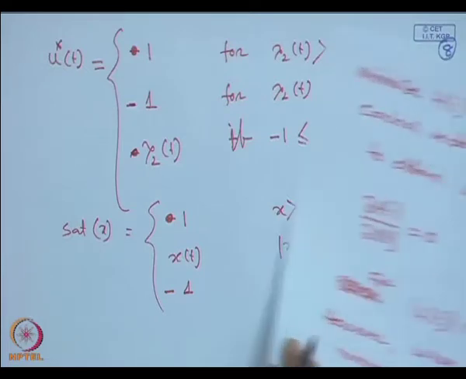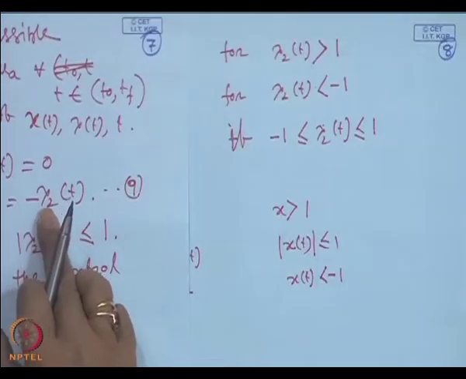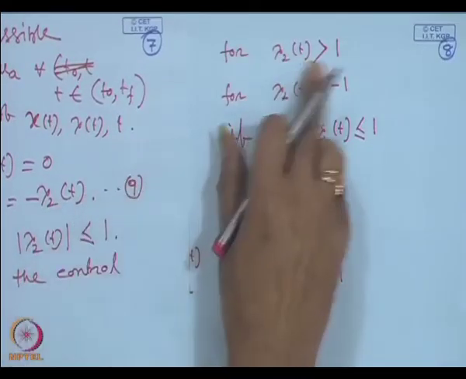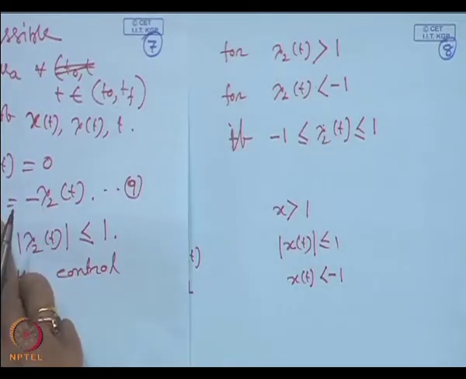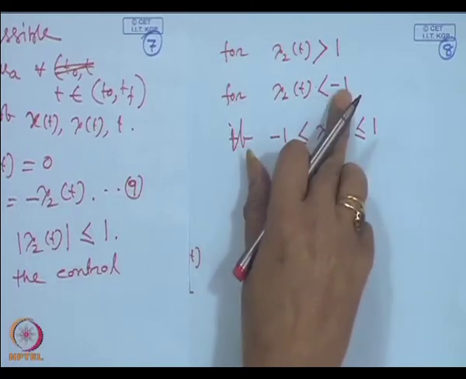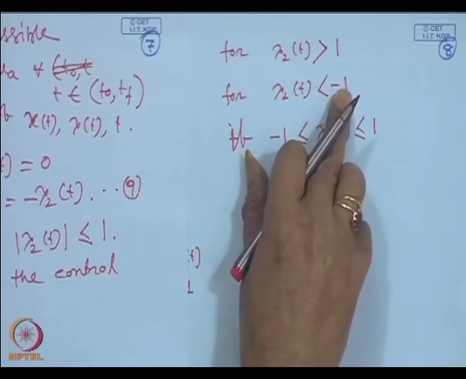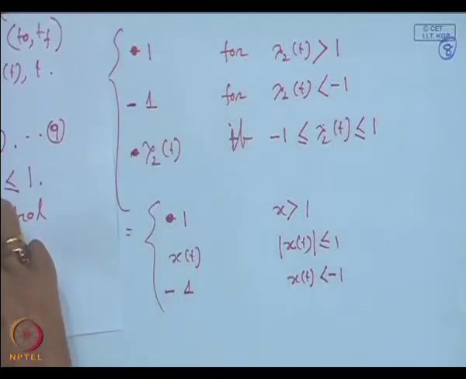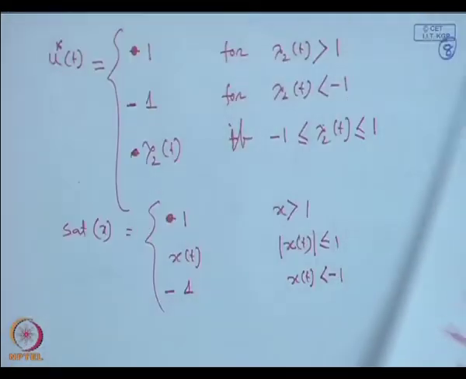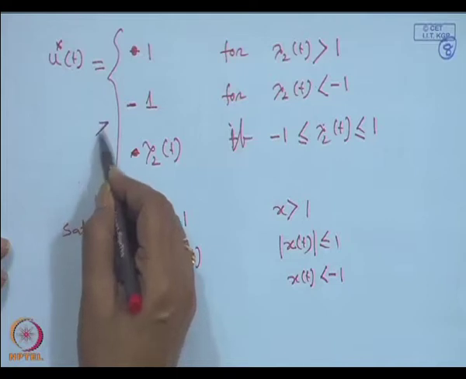So, now see this situation, when x is greater than 1, we are putting plus 1, that means u is minus 1. When it is less than 1, then we are putting minus, meaning plus. So, in this way we are making the control sequence.